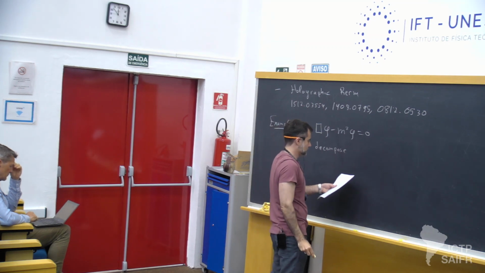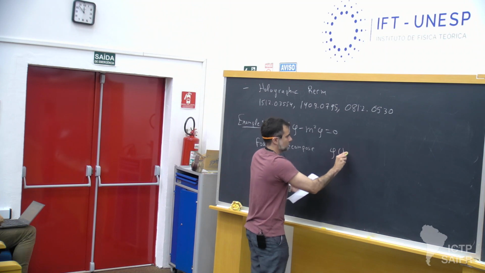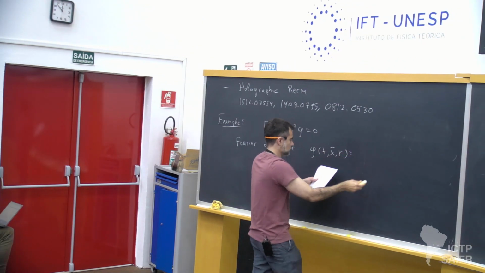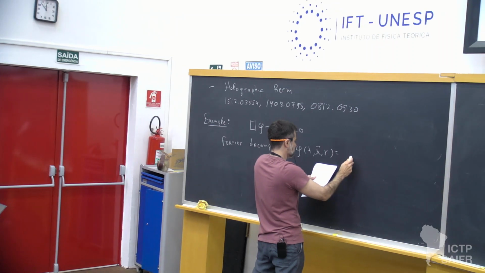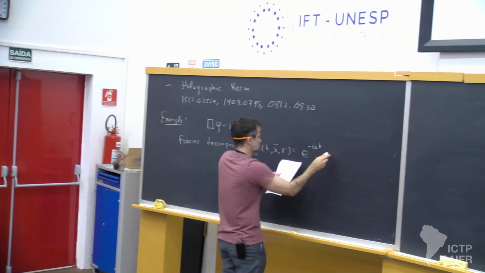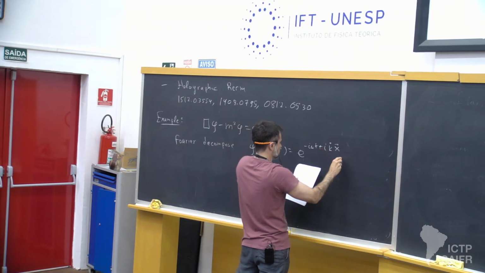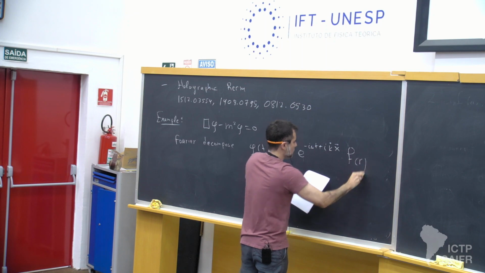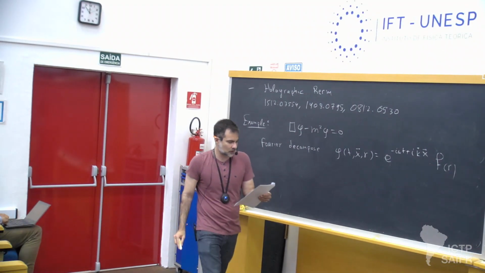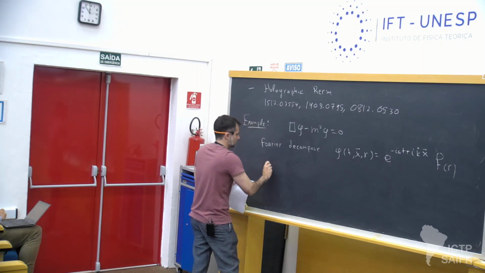You can write the field phi like this. You can pull out an exponential times a function of the radius. You can plug this in the Klein-Gordon equation, and what you will find is a radial equation for f.